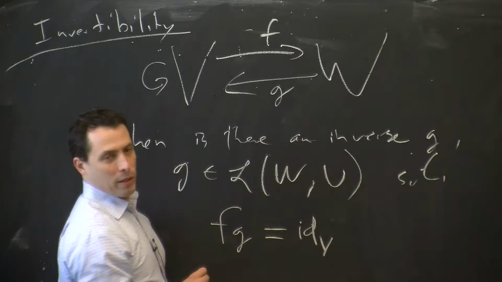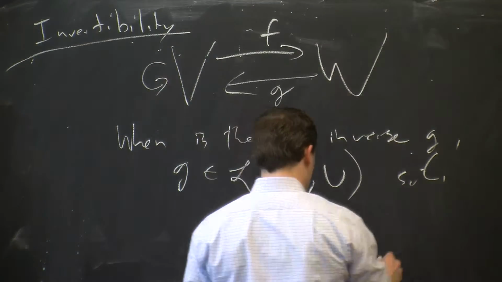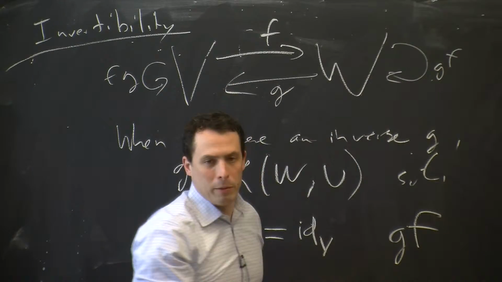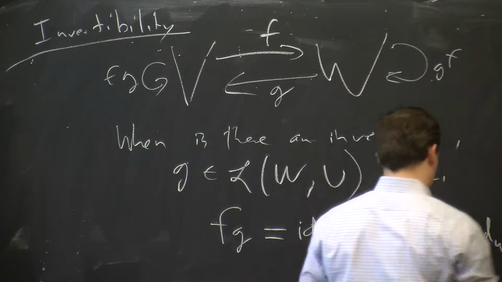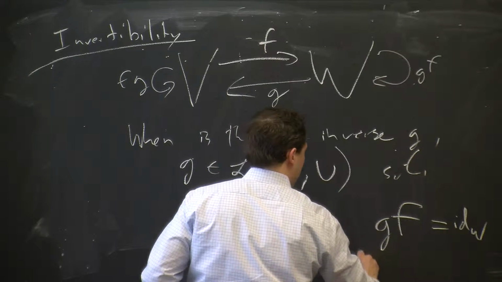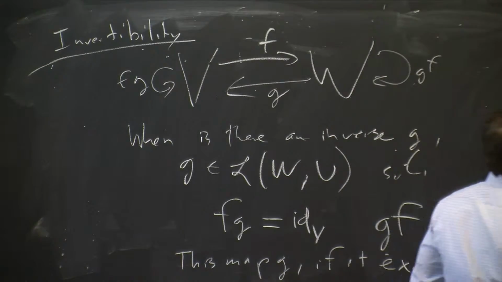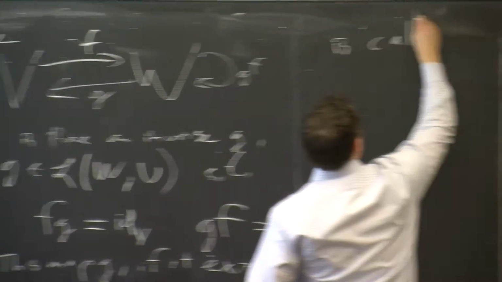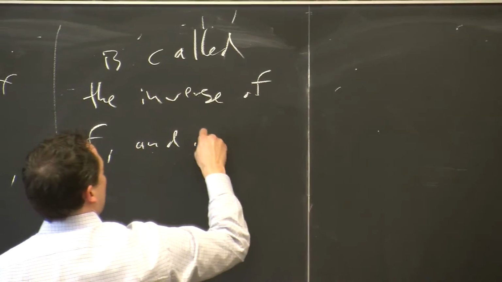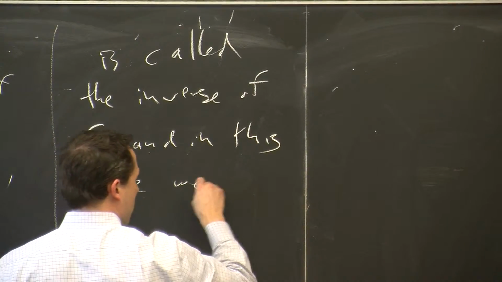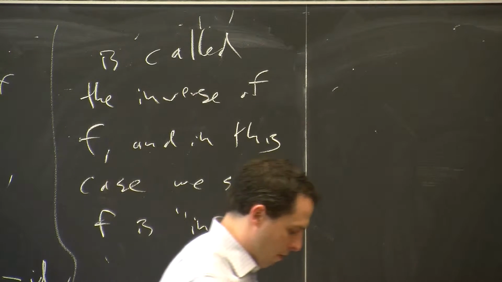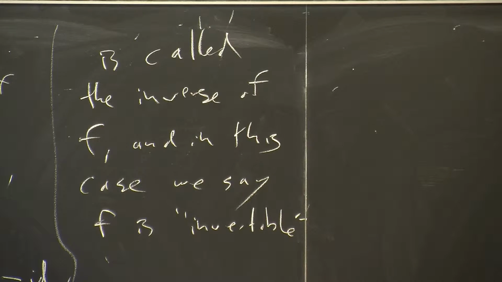We'd like to know when there exists a G such that F composed with G is the identity on V, and G composed with F, which is a map from W to itself, is the identity on W. This map G, if it exists, is called the inverse of F. And in this case, we say that F is invertible. So F is an invertible linear map.